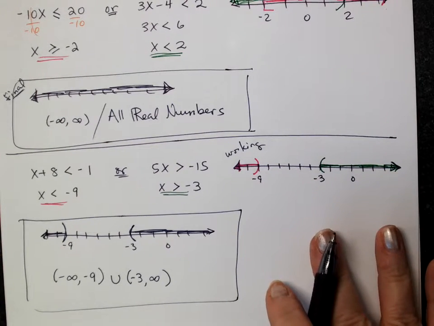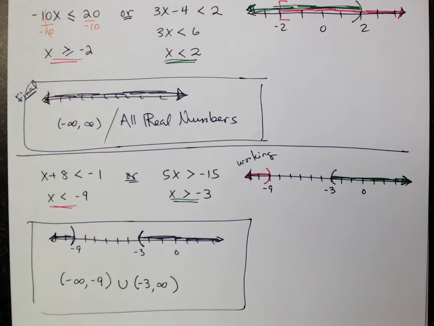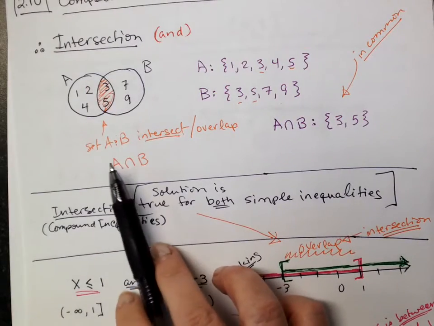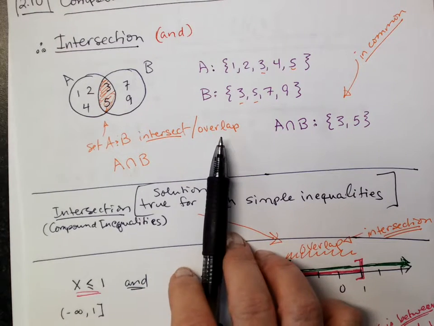Is it later on that you're going to show us when and why you get the U either faces up or down? Well, facing up is union, like the word U, union with the U. Facing down means intersection. Here's the intersection. If you see this, this means A intersect B. That means you only want overlap, things in common.